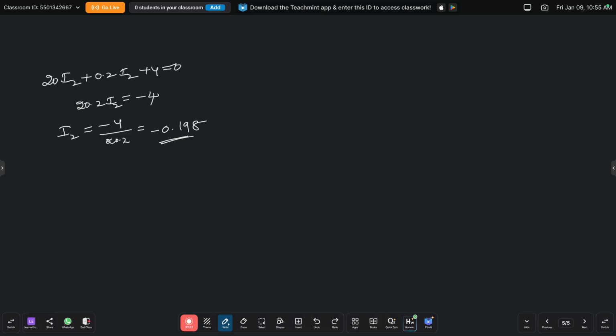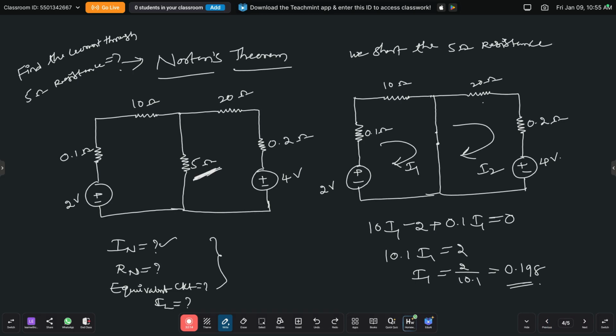So here, see in the circuit, I1 and I2. We need to find the current through the 5 ohm resistance. So is this 5 ohm resistance linked with loop 1 or loop 2 or with both the loops? Here this 5 ohm resistance is linked with both loops, loop 1 and loop 2.